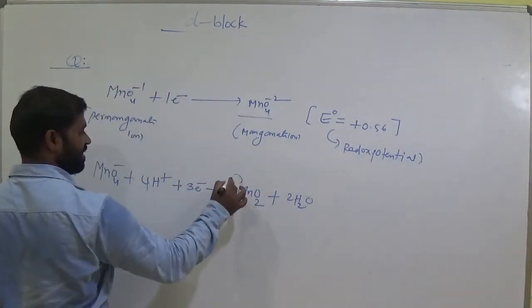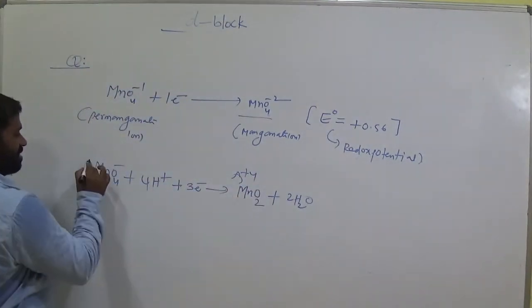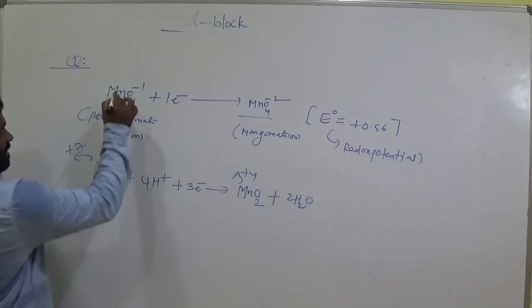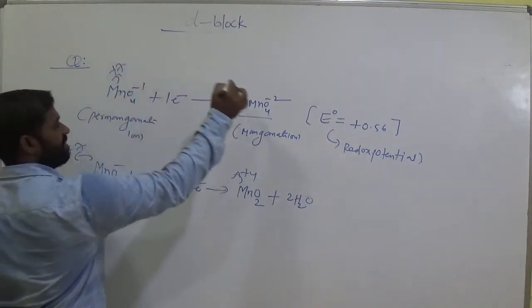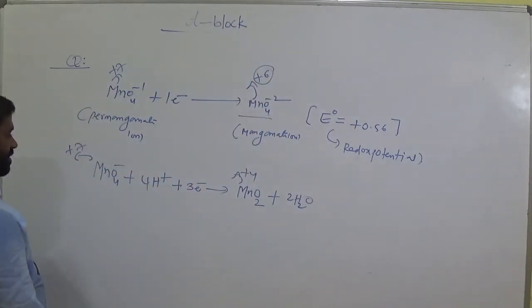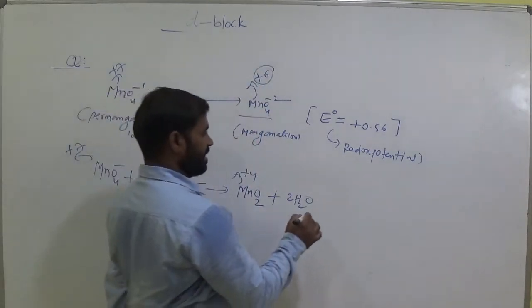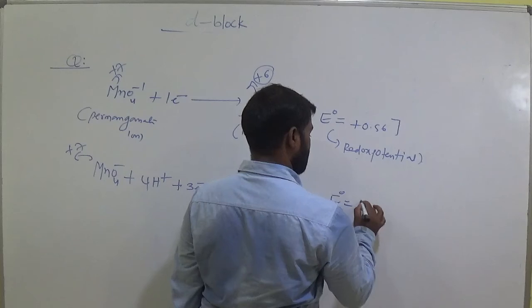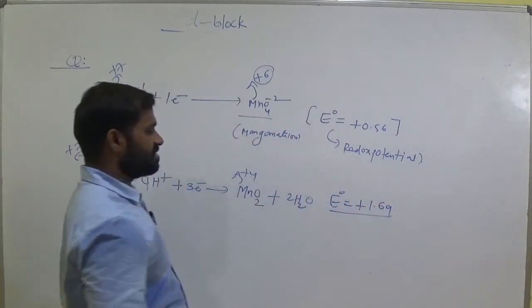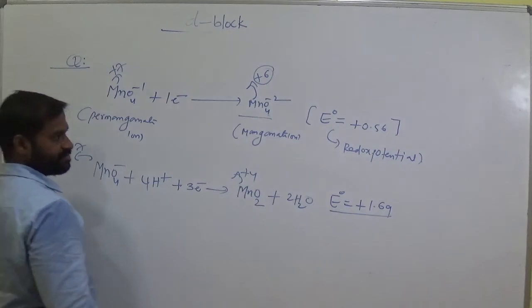Manganese dioxide, where it has plus 4 charge, and here it has plus 7. Okay, and here manganese has oxidation state plus 6, and in this case the E naught value is plus 1.69 volts.